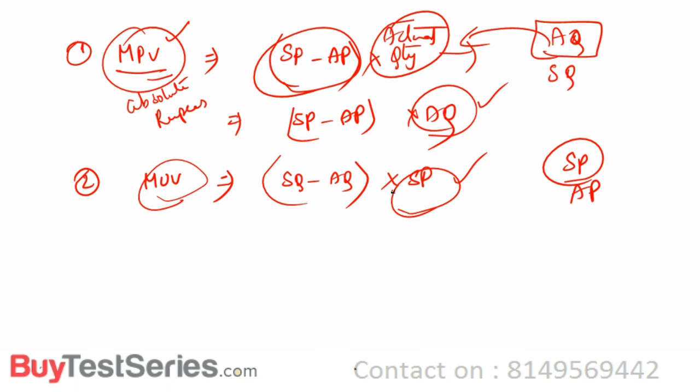Now, there's a simple logic behind that. See, standard price is a more reliable number when compared to actual price. Are you able to get me? Because standard price is not affected by temporary fluctuations, whereas actual price is affected by temporary fluctuations. Standard price is something which has been set by you. You will set the standard after doing a lot of research, analyzing a lot of things, and therefore it is not affected by temporary fluctuations.